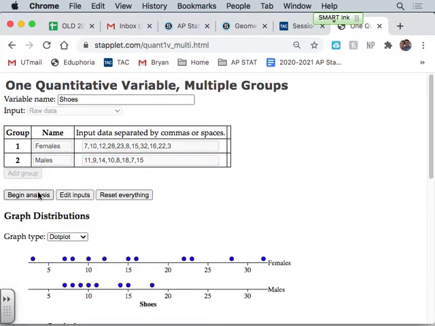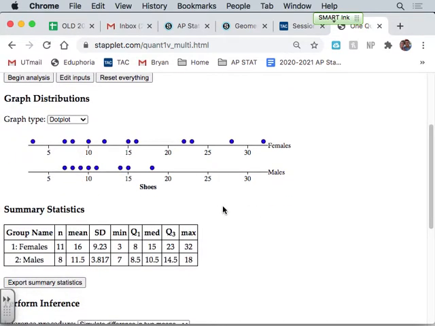All right, sweet. Okay, so our tool tells us to graph side by side dot plots, stem plots, or histograms. The main one I want to focus on is the side by side stem plots.